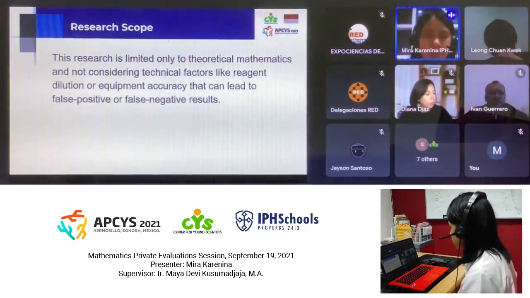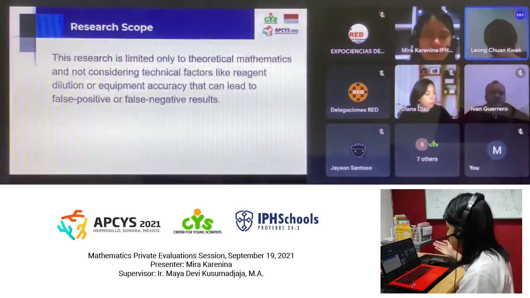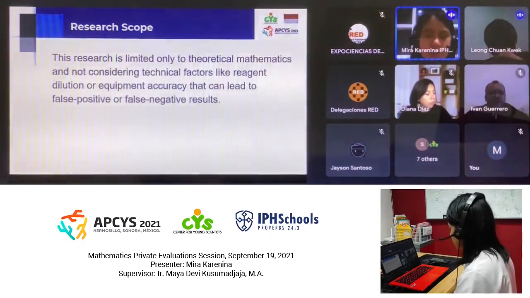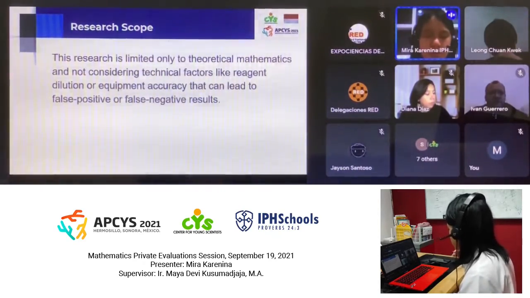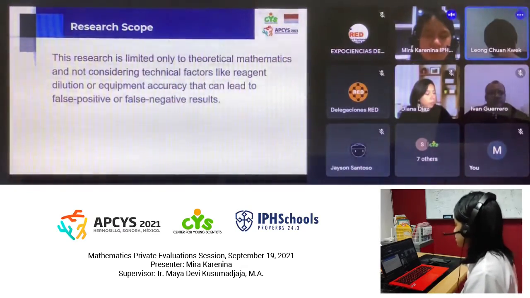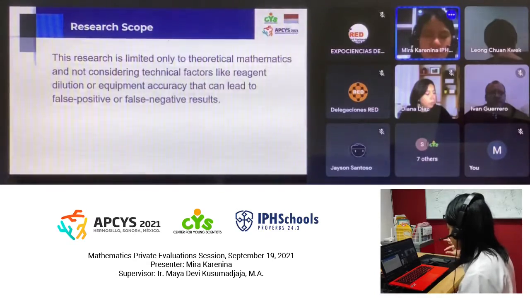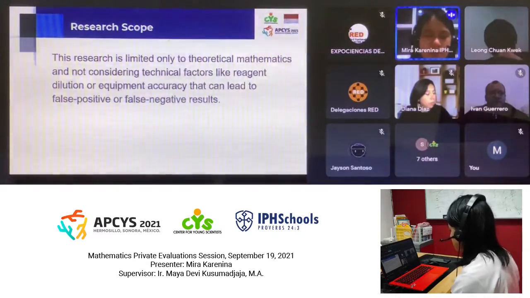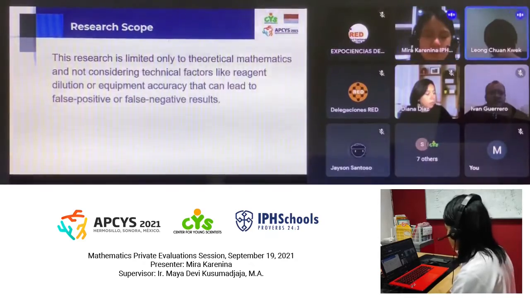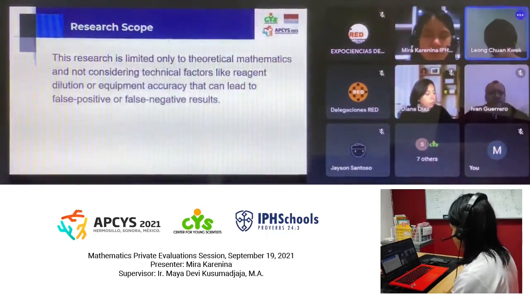Yes, I didn't mention that because as I mentioned before, it's only limited to mathematics and considering ideal conditions and assuming that it's all the same. So what are your ideal conditions? My ideal condition is that every person has the same immunity to the virus, and assuming that it can be detected in each person.